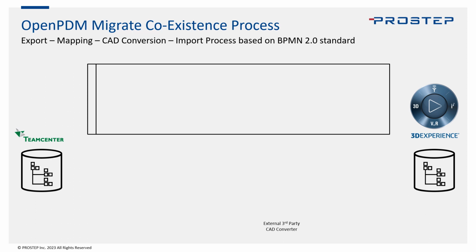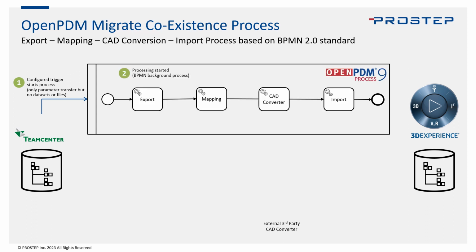So we use our OpenPDM migration cockpit and OpenPDM process server, based on Camunda, in order to do those types of processes. In this case, you would put in an event trigger within the source system that would then prod OpenPDM with a REST interface call that says this is going to be released as part of maybe a change process.